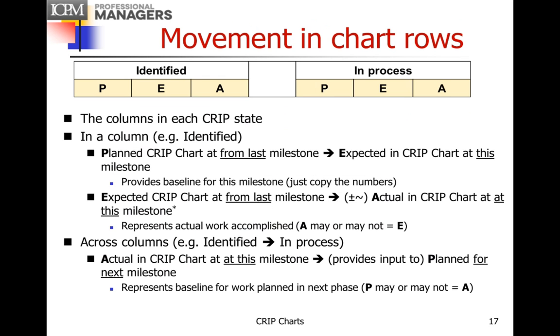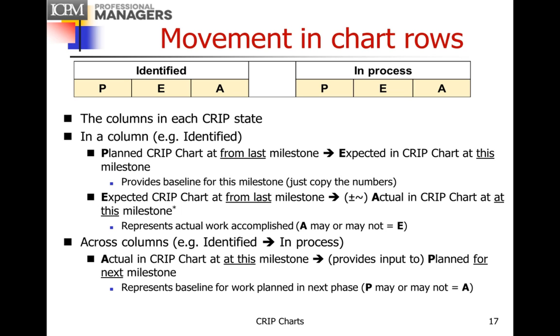So let's take a look at the movement in the chart rows. Consider the columns in each CRIP state, and for a particular column, for example, identified, the planned CRIP chart number from the last milestone becomes the expected number in the CRIP chart at this milestone. So there's no calculations, there's nothing, the number is just copied. It provides a baseline.